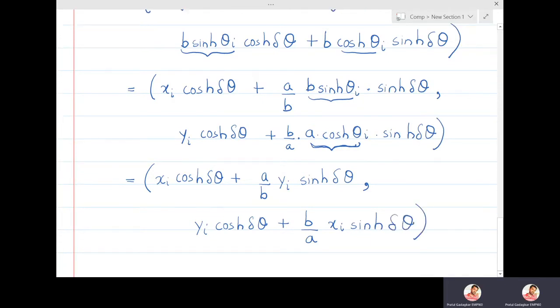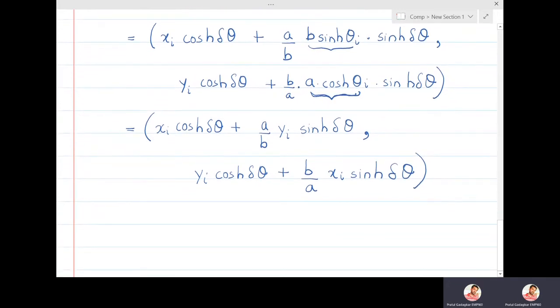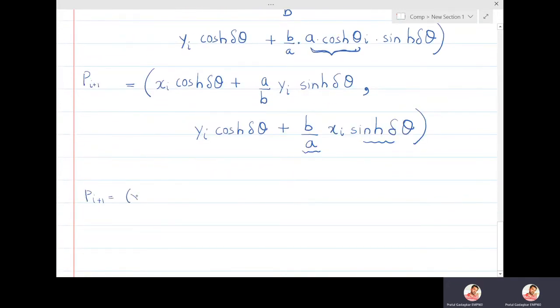Can we write this in the form of a matrix again? Yes, we can represent this in the form of a matrix: (xi+1, yi+1) is equal to (xi, yi) multiplied by a 2 by 2 matrix.